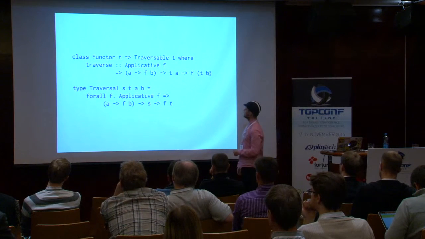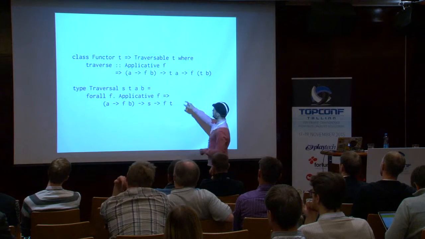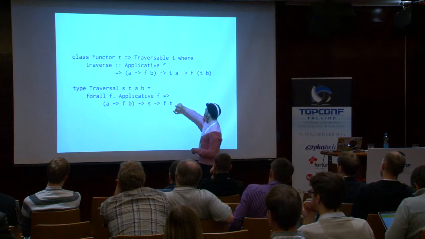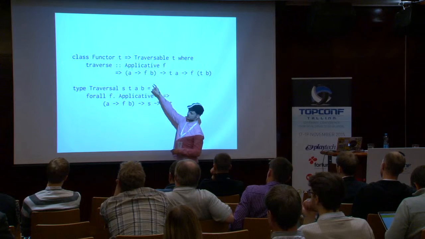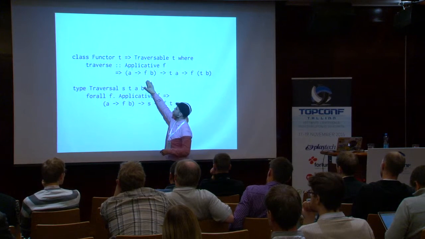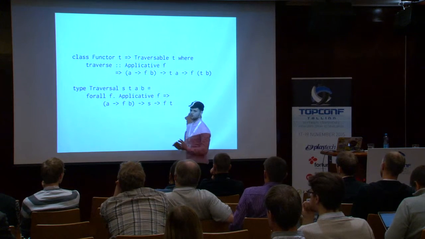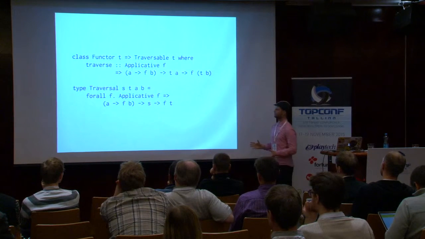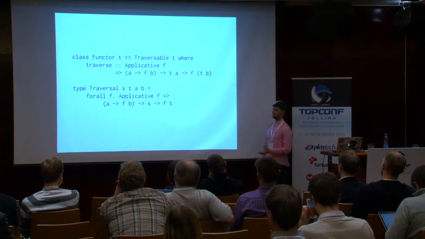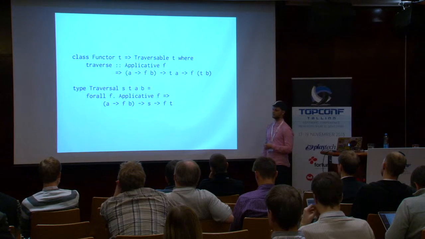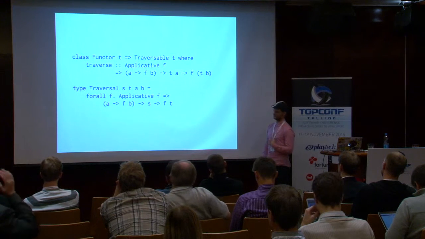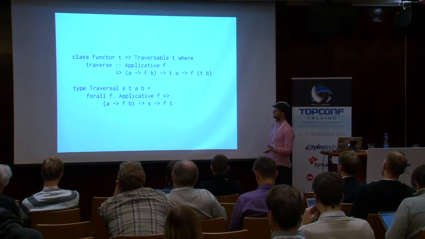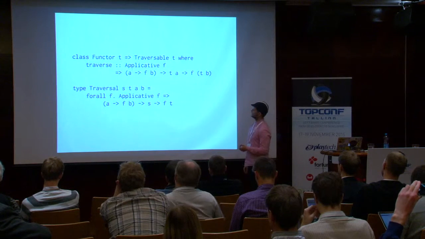But here, T is a container, and you don't need to care about F, but if you care, it's a kind of context. So we can do stuff with a value. We could print it, or we could have a stateful computation; there are many applicatives.